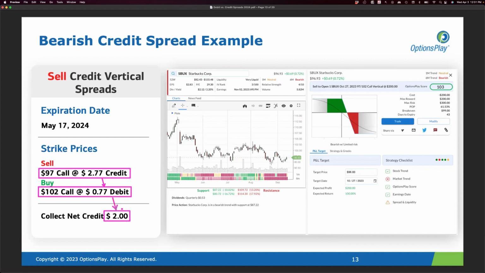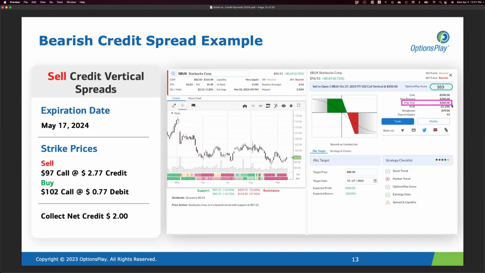So I'm reducing my overall income by a little bit on this particular trade, but if I were to sell that $97 call option, I would probably have to post about $2,000 to $2,500 in margin just to get into that trade. By trading a vertical spread, I only have to post $300 worth of margin.